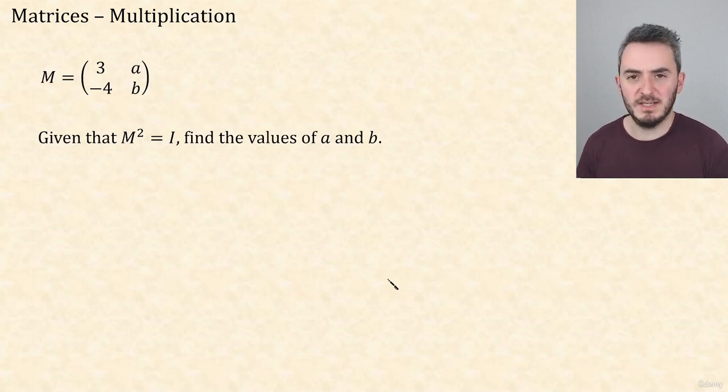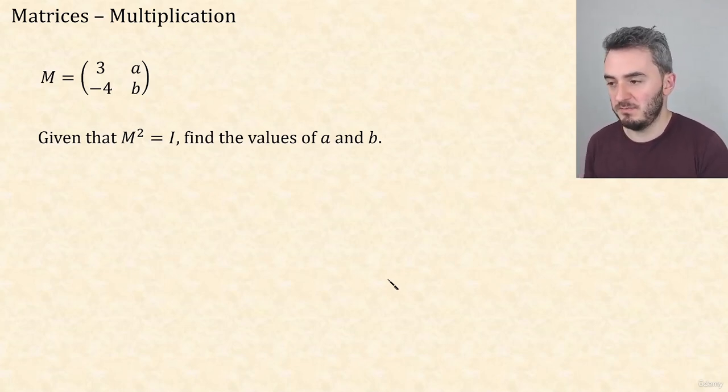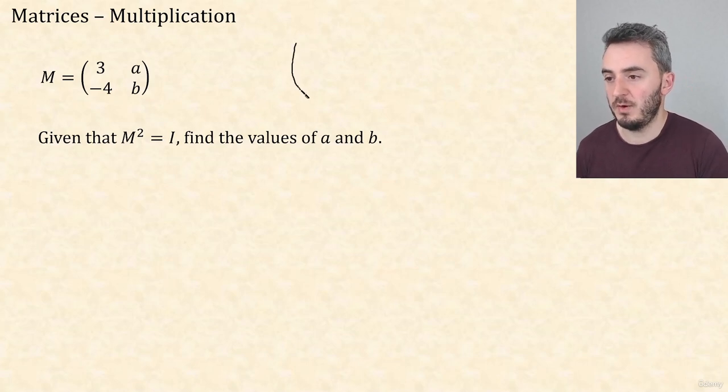Okay, let's just try a little problem here that's not just multiplying them out. So M is 3A minus 4B. Given that M squared is I, find the values of a and b. Okay, a lot going on there. M squared is just M times M, and I is the identity matrix. Recall from our introduction video that that was the matrix 1, 0, 0, 1.